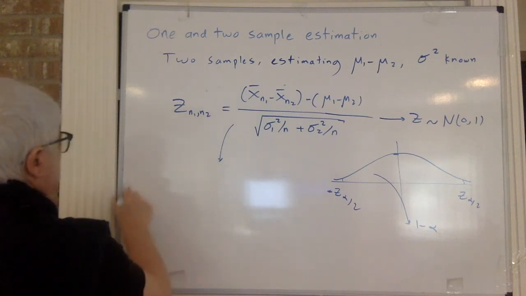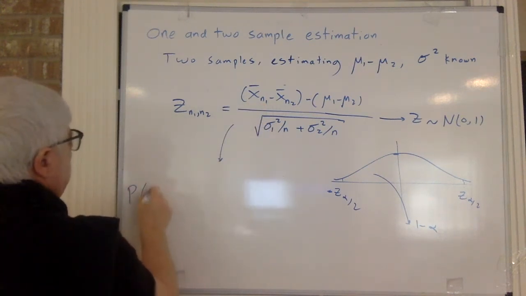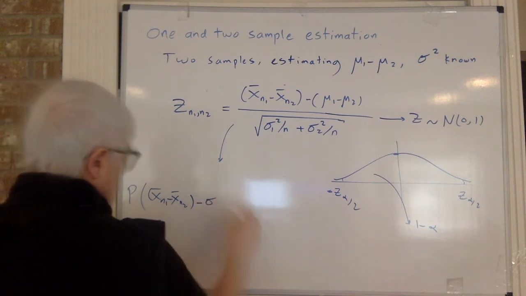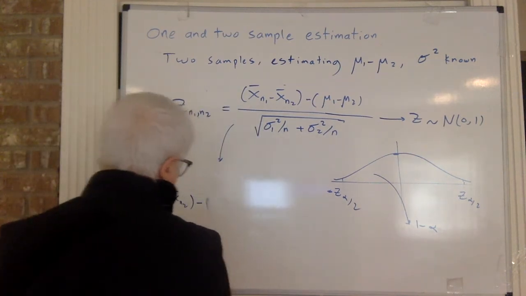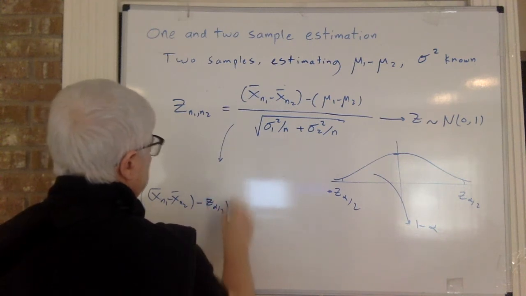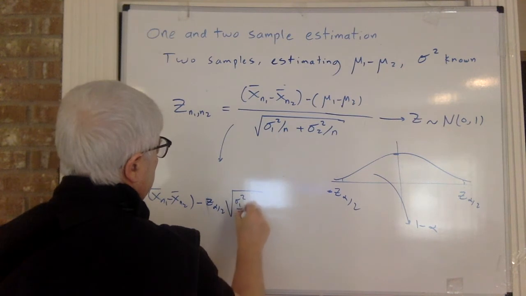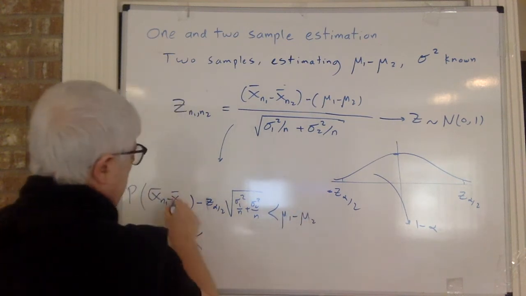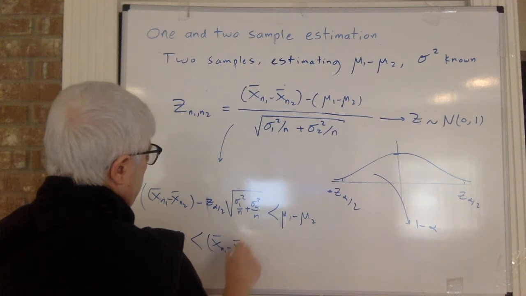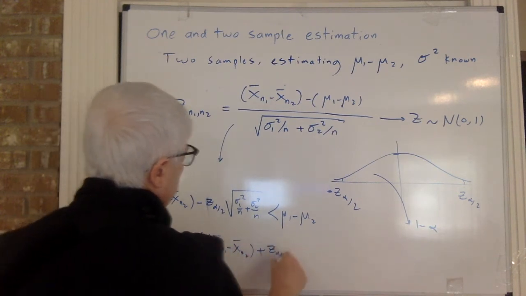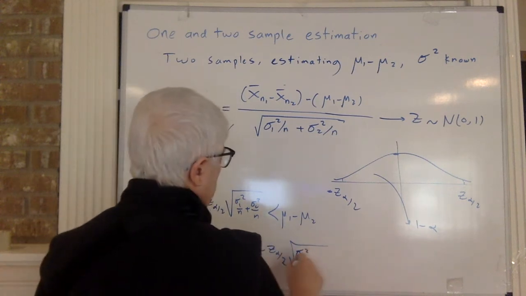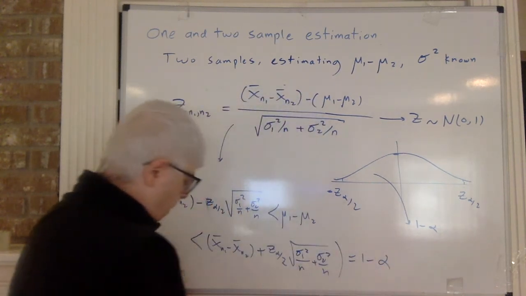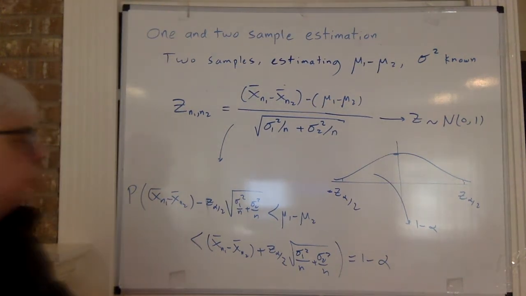The probability that x bar n1 minus x bar n2 minus z alpha over 2 times the square root of sigma 1 squared over n plus sigma 2 squared over n is less than mu1 minus mu2, and less than x bar n1 minus x bar n2 plus z alpha over 2 times the square root of this thing, is 1 minus alpha.